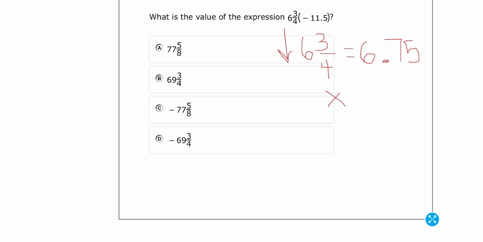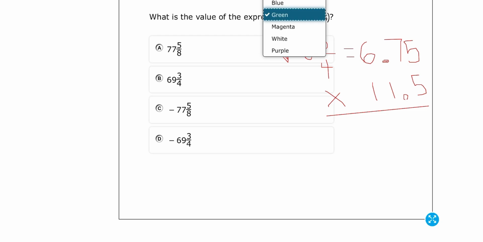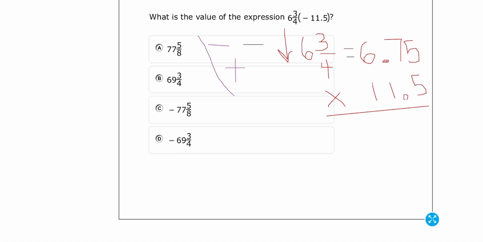Now we're going to multiply this by 11.5. Before multiplying, remember, you always have to draw a sleepy cat. So I'm going to draw my sleepy cat. Sleepy cat is only utilized when we're multiplying or dividing.